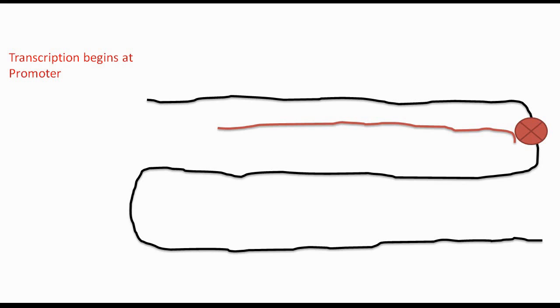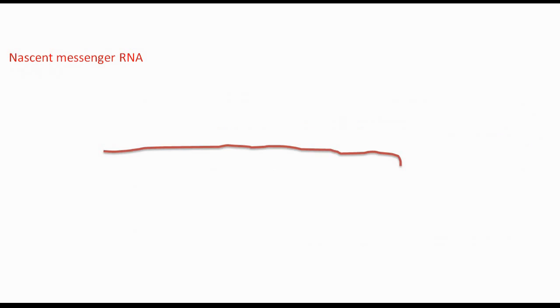So RNA polymerase is the enzyme involved in the transcription process, no doubt in that. It starts the transcription process from the promoter site. The promoter site is nothing but the recognition site for RNA polymerase enzyme, from where the transcription process begins, right? And this newly synthesized RNA is called nascent RNA.